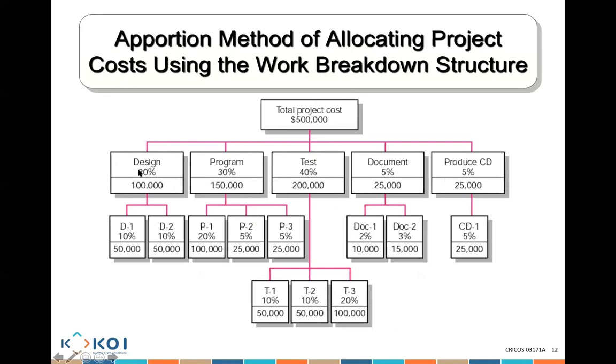For design, which is only 20%, there are activities D1 and D2. Each of them will cost 10%, so each will cost $50,000. For the program, there are 3 activities, P1, P2, and P3. The first will be 20% of the budget, the second 5%, and the third 5%. So that's 100,000, 25,000, and 25,000.